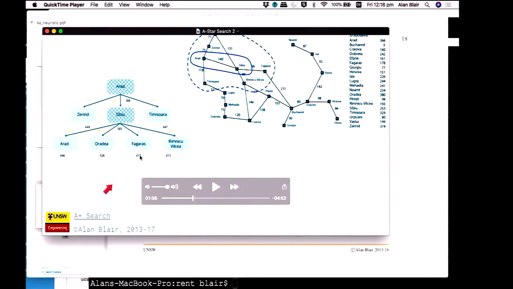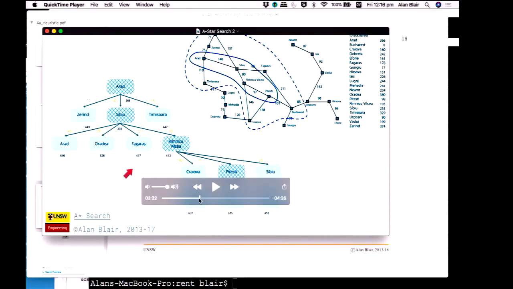These numbers here, the font is so small, but these numbers indicate the sum of this distance plus that distance. For Fagaras it's 417, and for Vimnicu-Vilsia it's 413. So it slightly prefers Vimnicu-Vilsia. And then Pitești.